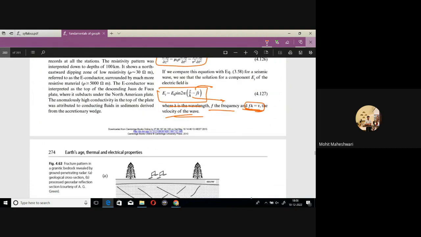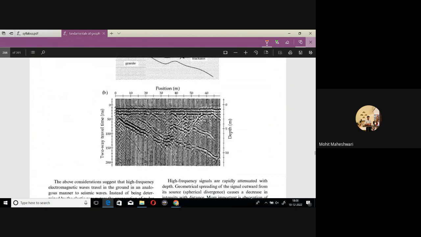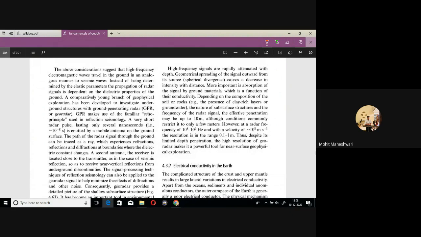So moving into the next thing. As we have seen, the high frequency electromagnetic wave travels in the ground as a wave, like the seismic wave.